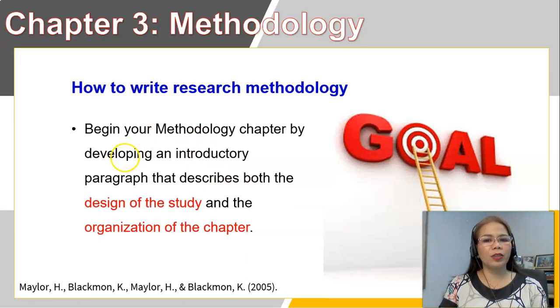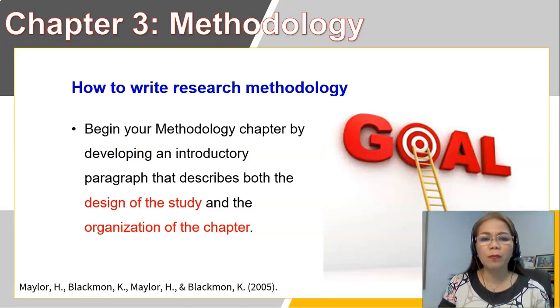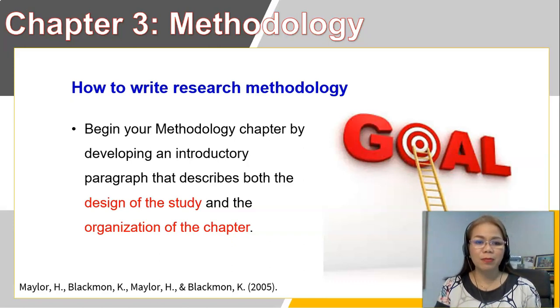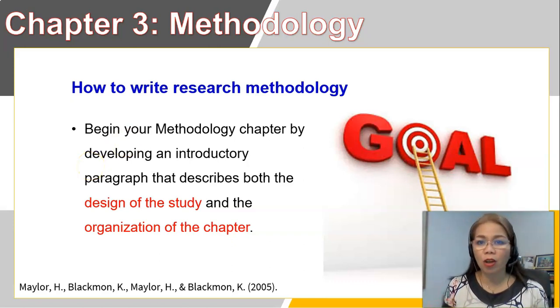So how do you write your methodology? First, you begin your methodology chapter by developing an introductory paragraph that describes both the design of your study and how the chapter, your methodology chapter, is organized.